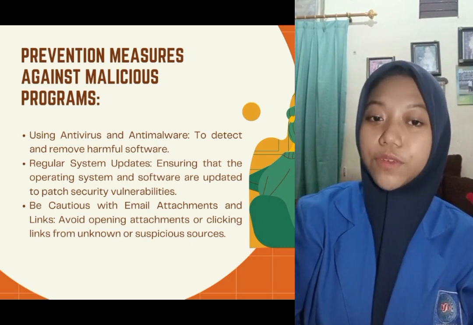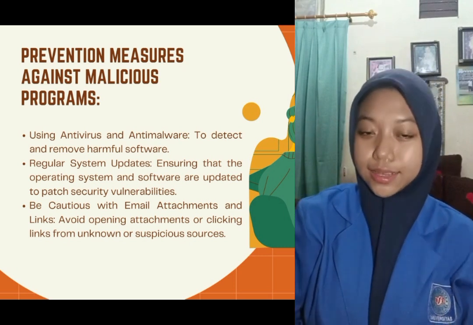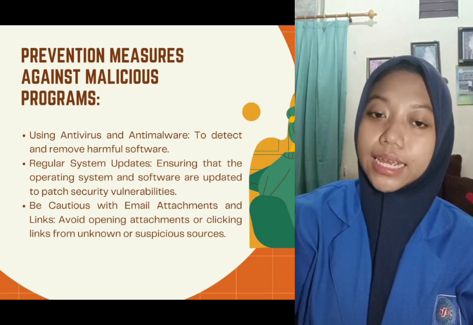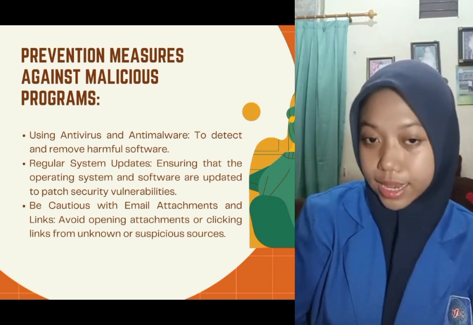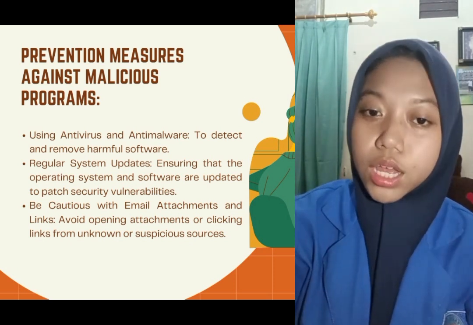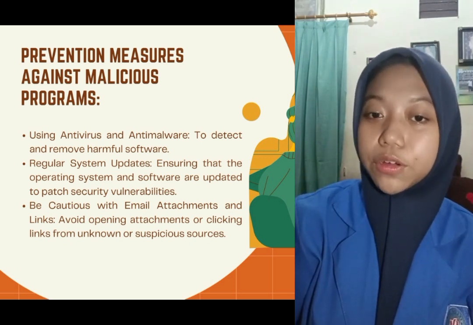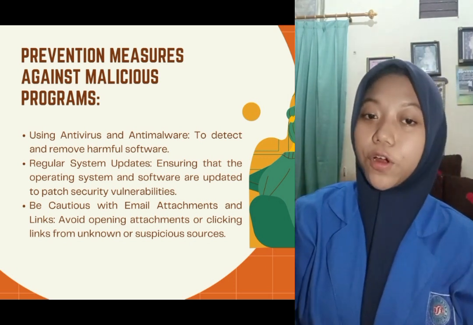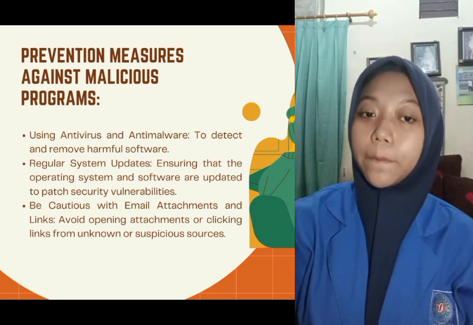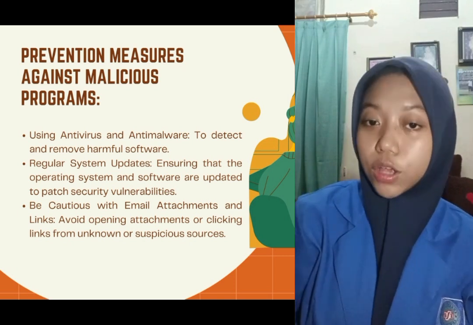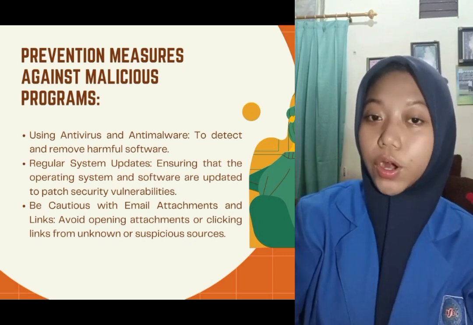Be cautious with email attachments and links. Avoid opening attachments or clicking links from unknown or suspicious sources. 4. Back up data regularly to protect against data loss from ransomware or other malware.